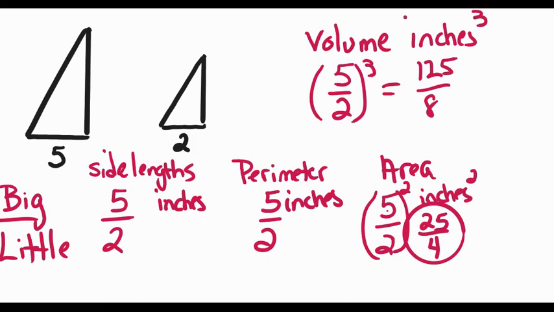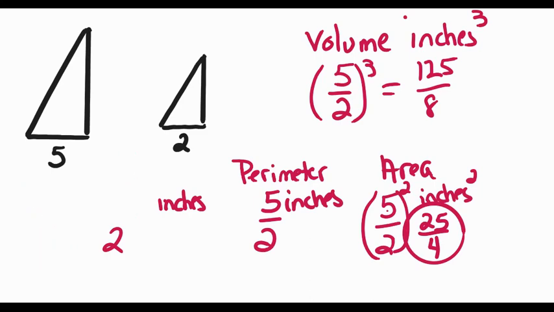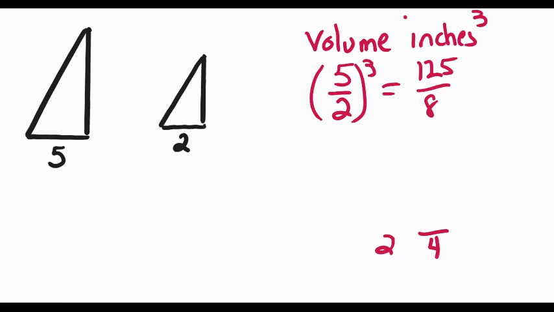Now, let me show you an example of how you would use that. So let's say we have that for volume. And I want to find out, let's say I have the volume of the small one. Let's say the volume here is, I'm just going to use 10. So we're going to say 10 inches cubed.